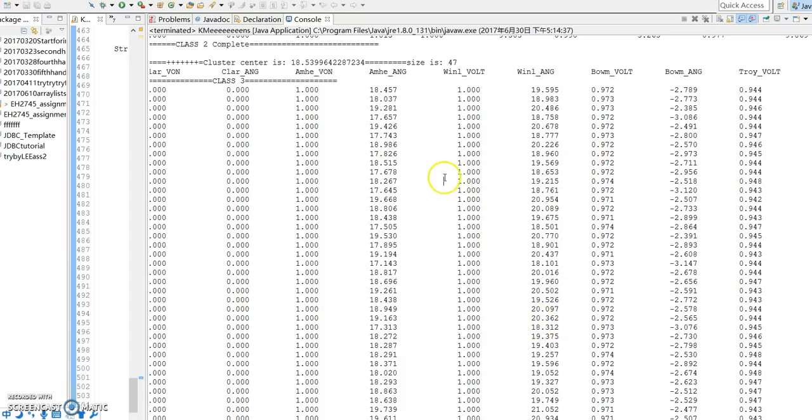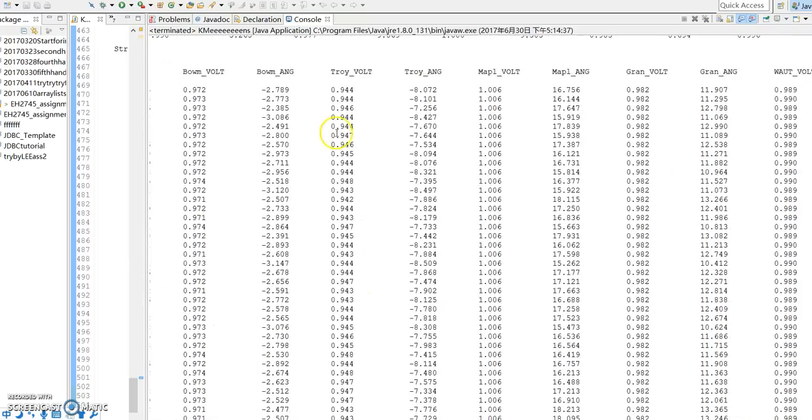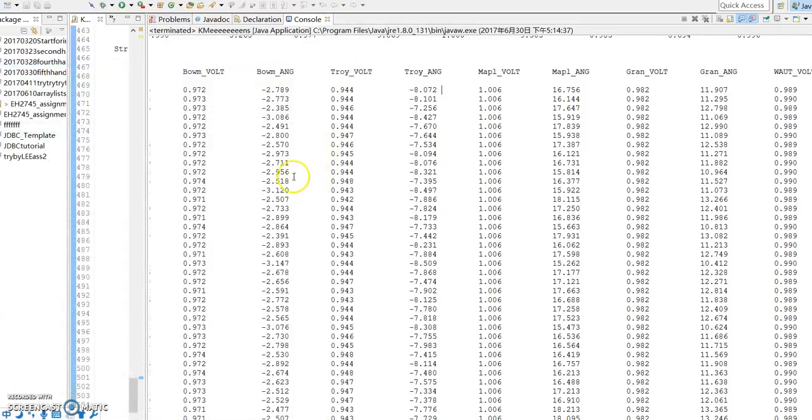In this case, we find that for both of the generation bars the angle is positive, while for some of the other bars the angle is negative. So compared to the previous cases, we can conclude that the last group corresponds to a case of disconnection of a line for maintenance. So this is basically what I have done to add one feature.